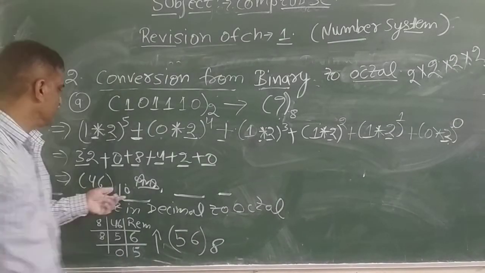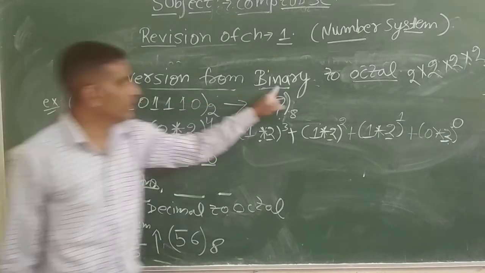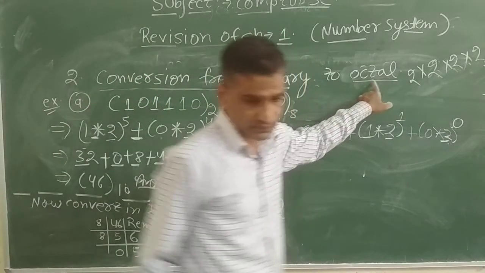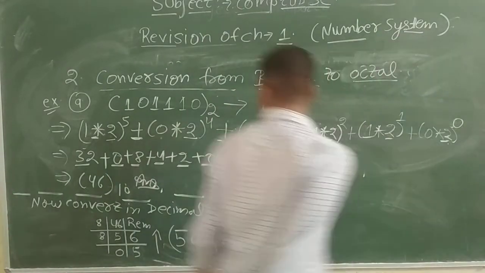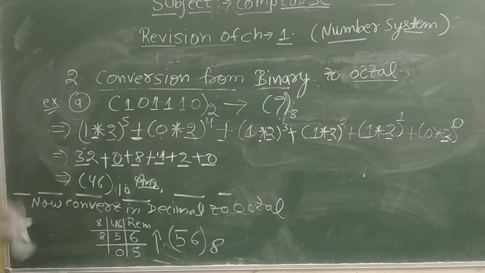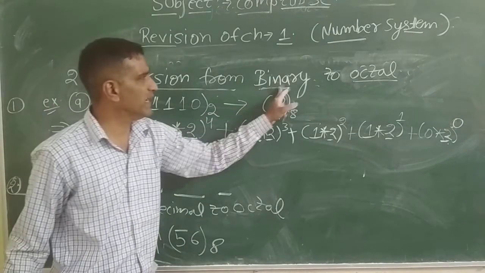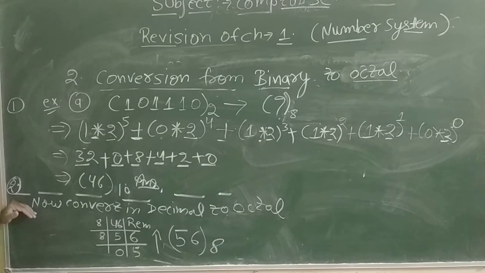Here, students, you have to see this thing. We have to convert binary to octal. You have to see before completing this answer: first of all we have to see 2 points. In this form we convert this binary number to octal. We have to convert in 2 forms, first portion and second portion.